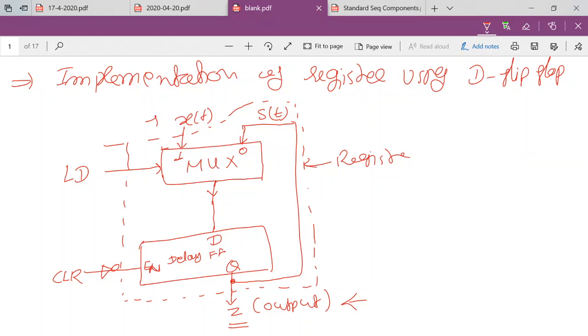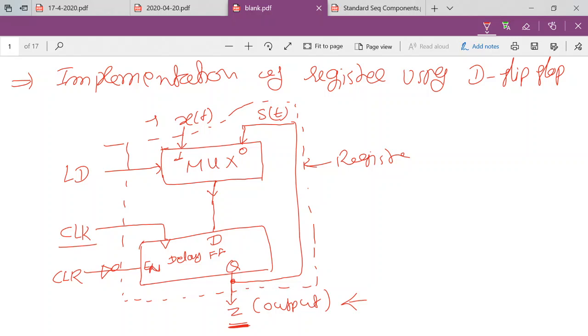If clear equals 0, that means we do not want to clear it, so it will be enabled. Whatever the input is will be available at the output, and yes, there must be a clock, so the clock will be applied to the delay flip-flop here. Now you can analyze that we can implement a register like this using a mux and a delay flip-flop.